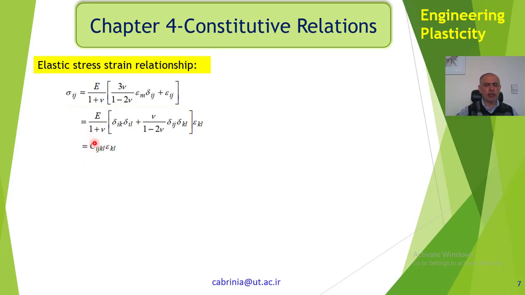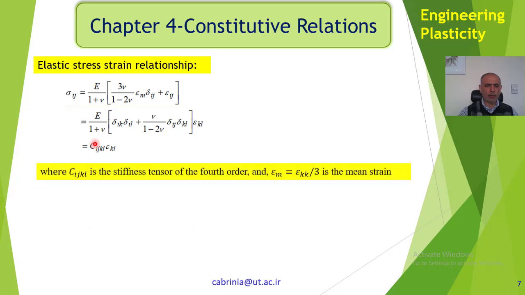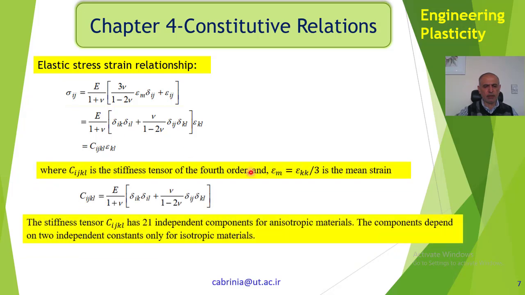This is a very general form, and we call it the stiffness tensor. It is of the fourth order, as you can see, ijkl, fourth order, and it has 21 independent components for anisotropic material, and only 2 constants in fact for isotropic materials.